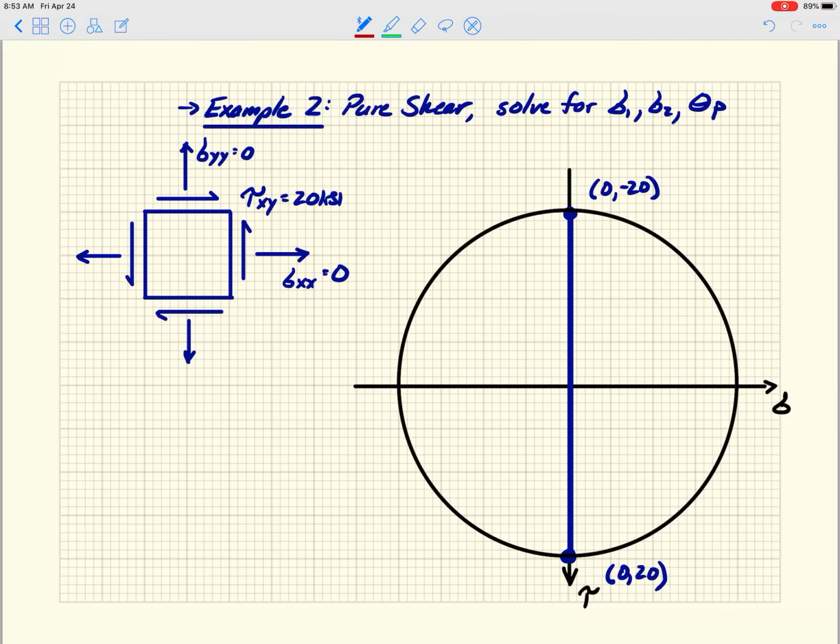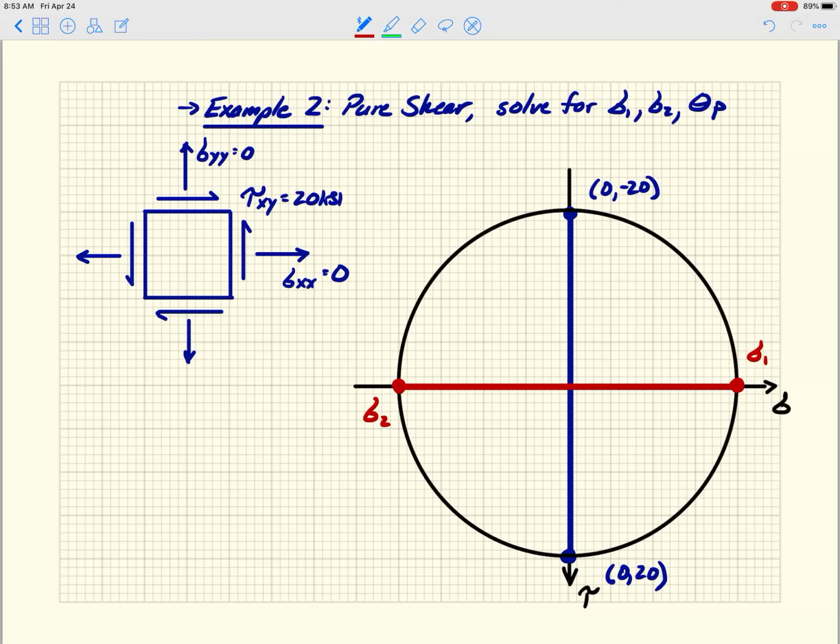So now our state of principal stress is here. Again, it's always there, because it always corresponds to the sigma axis. So in this case, this guy is sigma 1, and this guy here is sigma 2.